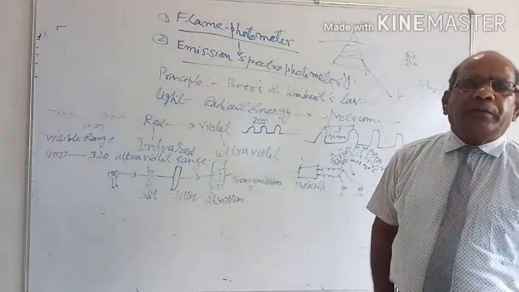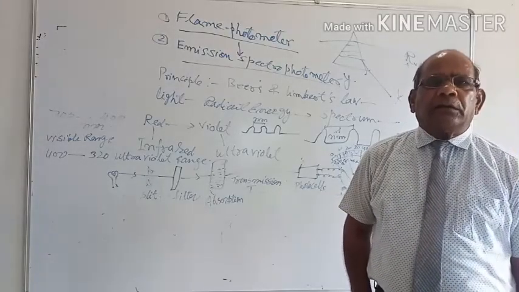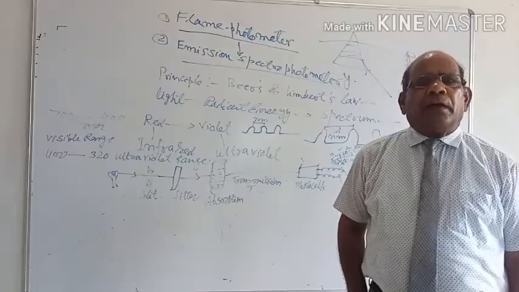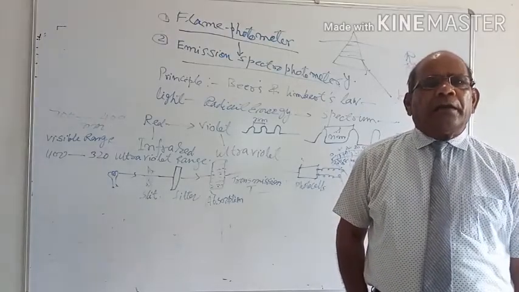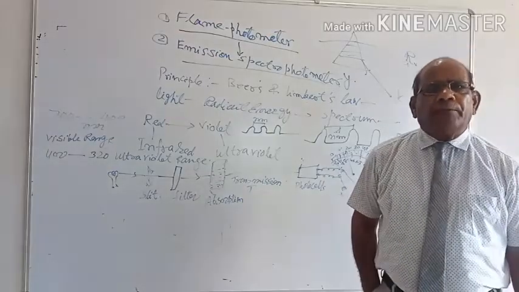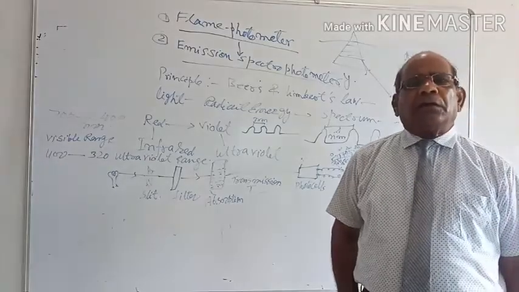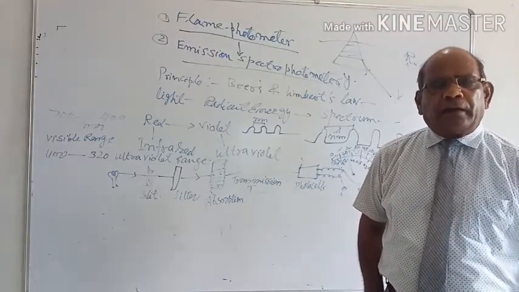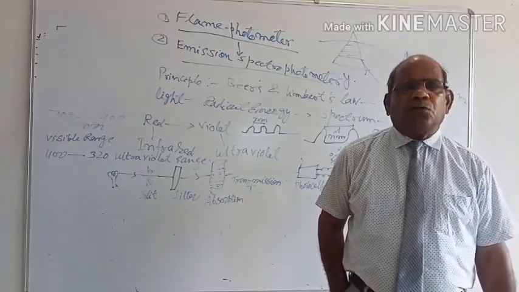These two, colorimetry and spectrophotometry, are under absorption spectroscopy. Here, the light of monochromatic nature is absorbed in the solution or in the excited atom. It is known as absorption spectroscopy.